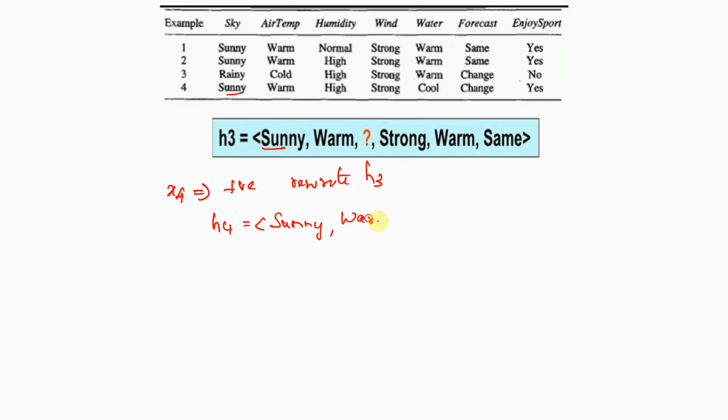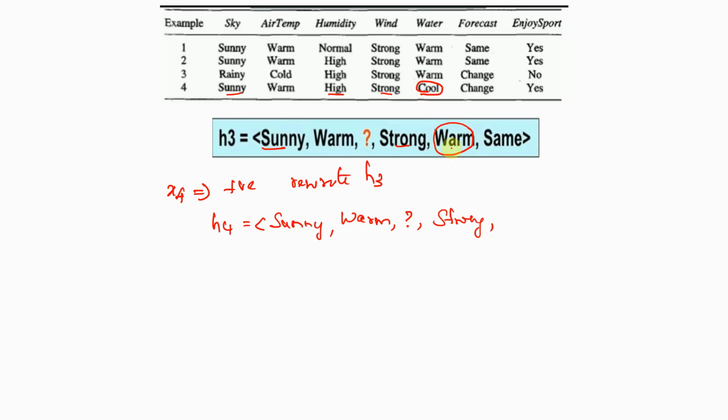Then warm, warm, match. Then we have high with a question mark, which can accept, so I am not going to change this symbol. Then strong, strong, accept, so it gets matched. Here you see, this is cool, this is warm. So if I use the same hypothesis here, it will reject my input.